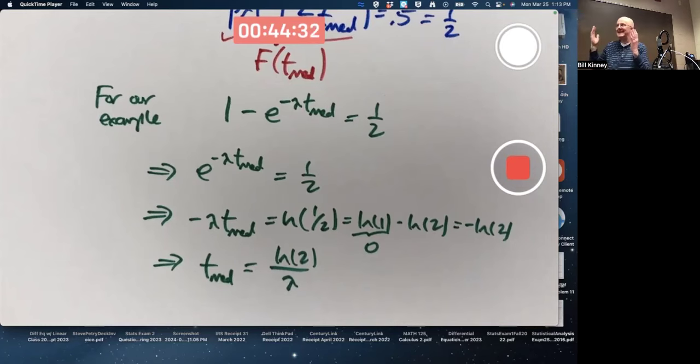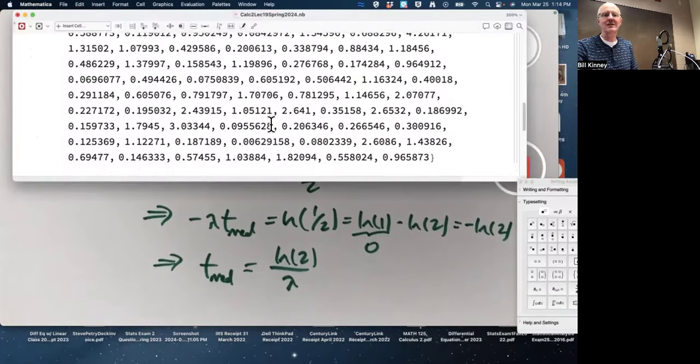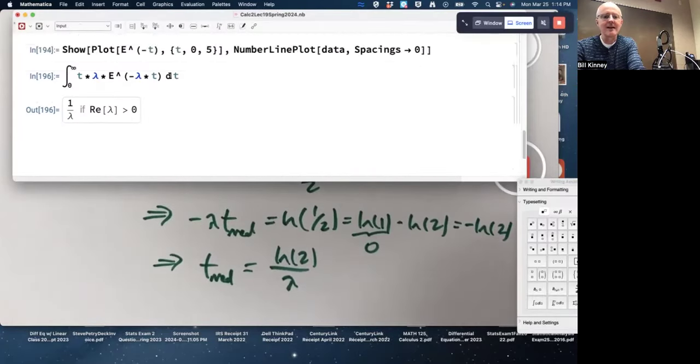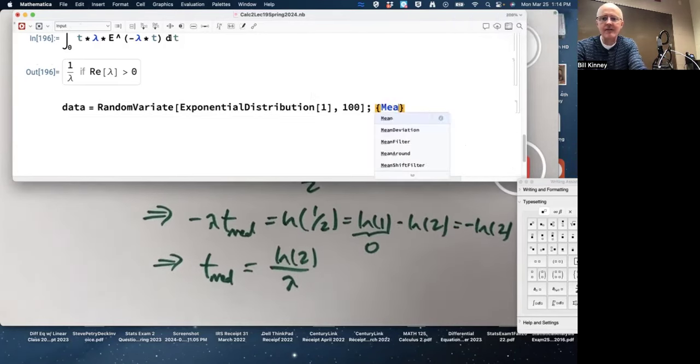Is this right? Do simulation to find out, to check if it seems right. We can do the RandomVariate again. Put it down here. And we can, for example, compute the mean of the data and the median of the data.